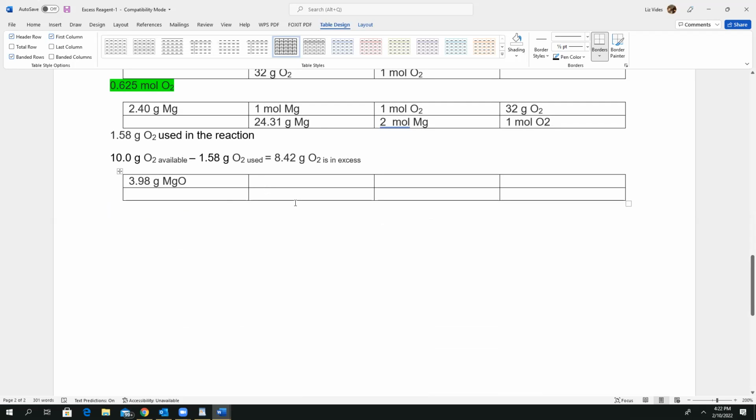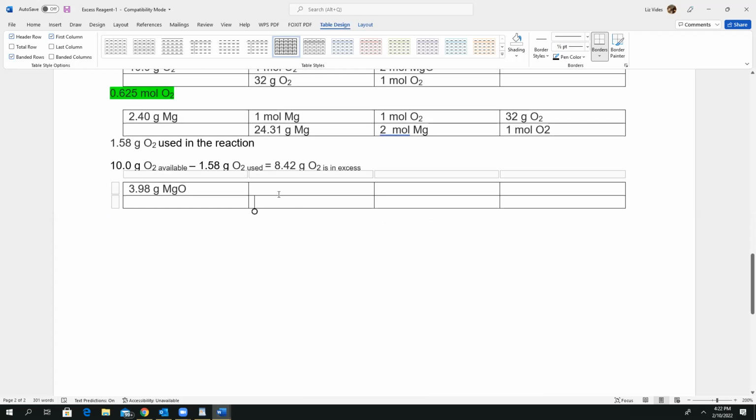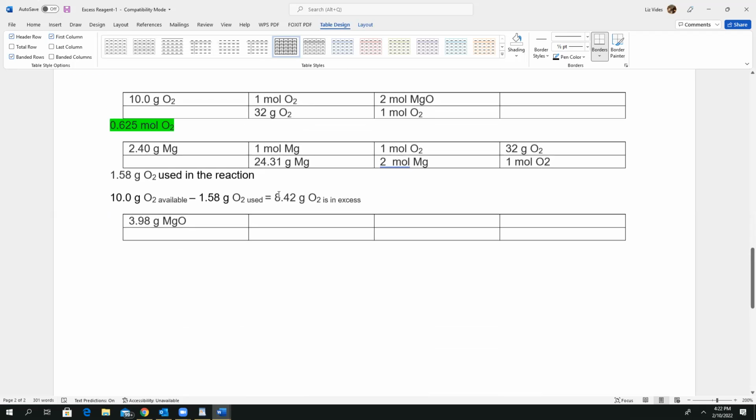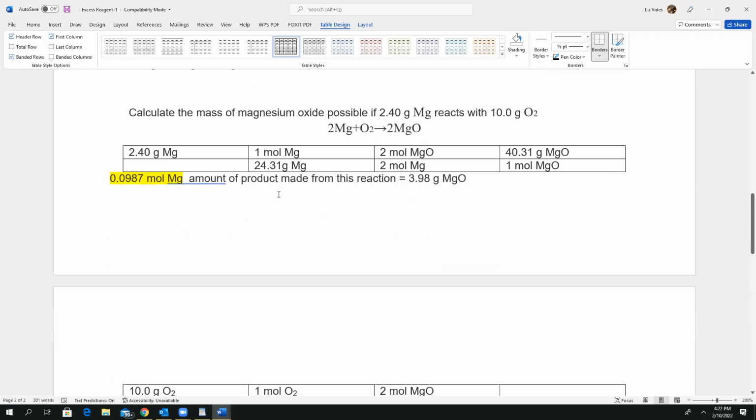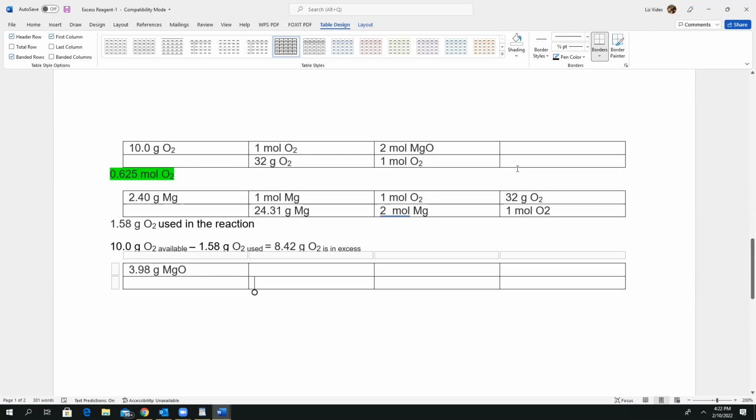Once again, we need to change that to moles, but we need the molar mass, which is right here. We don't even have to calculate it again. It's 40.31. So we put 40.31 grams of MgO equal to 1 mole.